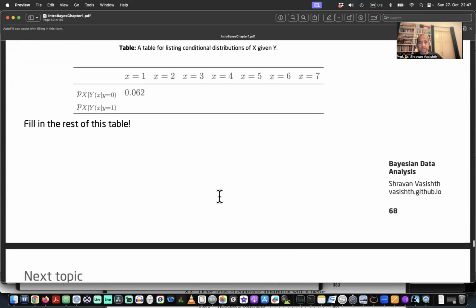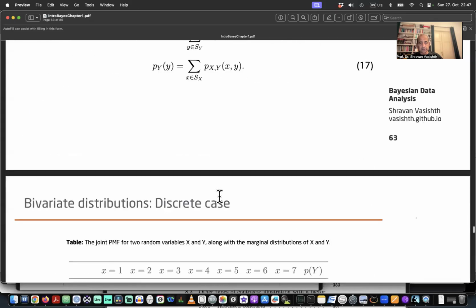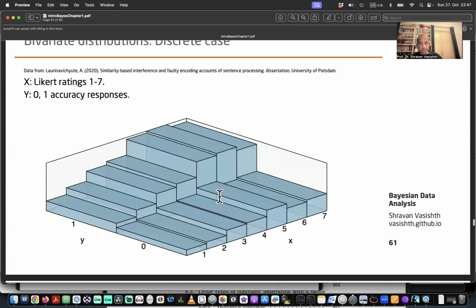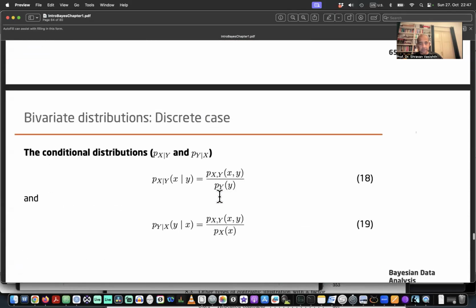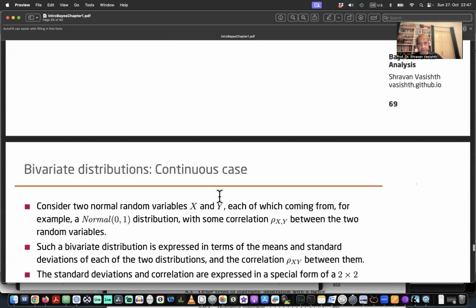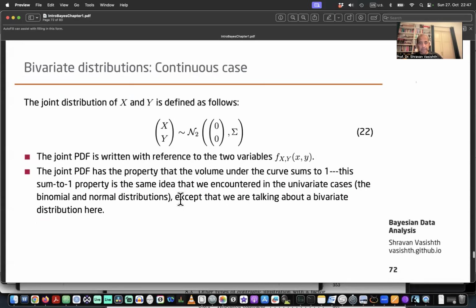You can imagine that there's a continuous version of this discrete example. We are thinking in continuous space now. I'm just going to show you a visualization, but this is now a smooth surface of some kind, a three-dimensional surface, and the volume under the surface has to sum to one because it's a probability density function.